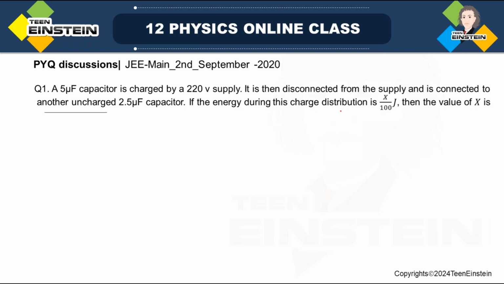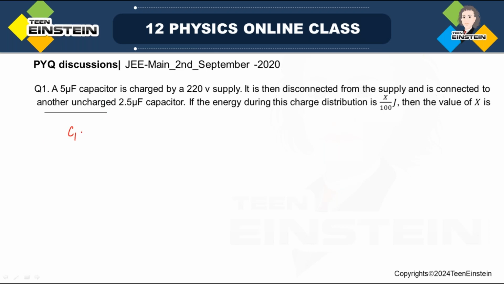If the energy loss during this charge distribution is x by 100 joule, then the value of x is dash. This is a very common question, loss of energy when there is a distribution of charge. Initially there is a capacitor, say C1. You have to answer this question to the nearest integer value.